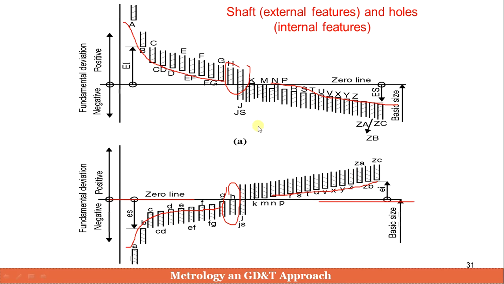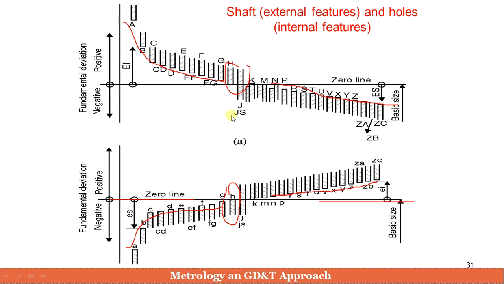This diagram is very important to understand because a few of the numericals will be based on this diagram only. So finally, what we have to understand are the fundamental deviations, and the values for each fundamental deviation can be understood again. So this was all about the fundamental deviation part.